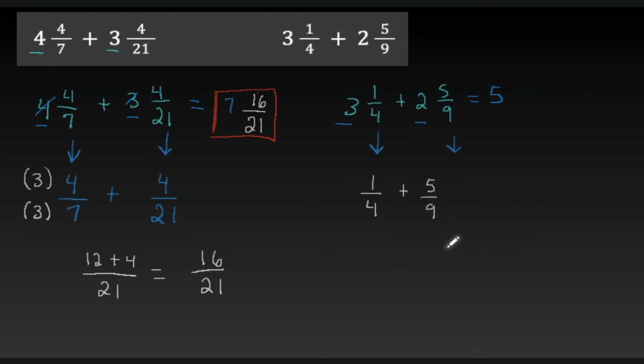So the next thing we need to do is add the fractions. However, we need to find a common denominator. So if you take a look at the denominators, we can actually multiply 4 and 9 together, which gives us 36. So we need to turn this 9 into 36 and this 4 into 36. So we can actually multiply this 9 by 4. And whatever you do in the denominator, you must also do in the numerator. Keep that in mind. And then we can turn this 4 into 36 by multiplying by 9.